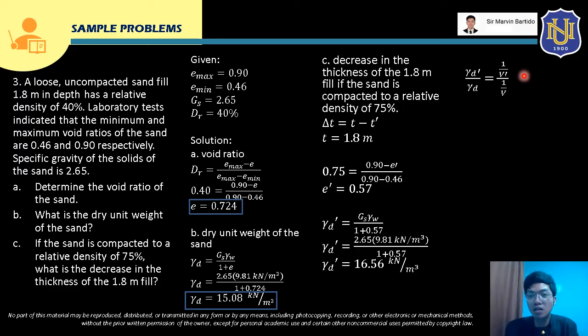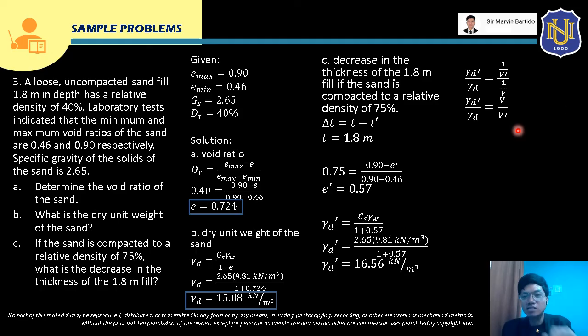So, ibig sabihin, yung relationship ng gamma dry at saka ng volume, class, reciprocal, hindi sila directly proportional. Okay, so reciprocal, class, yung proportionality nila. Okay, so ganito yung corresponding volume niya, class, 1 over V prime. Tapos yung corresponding volume naman for gamma dry, okay, so this is 1 over V.